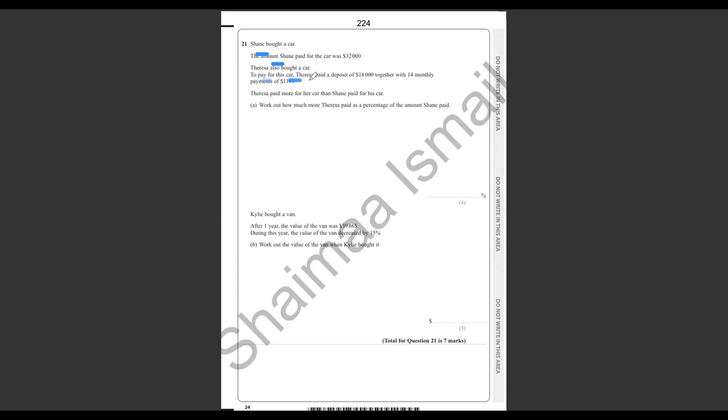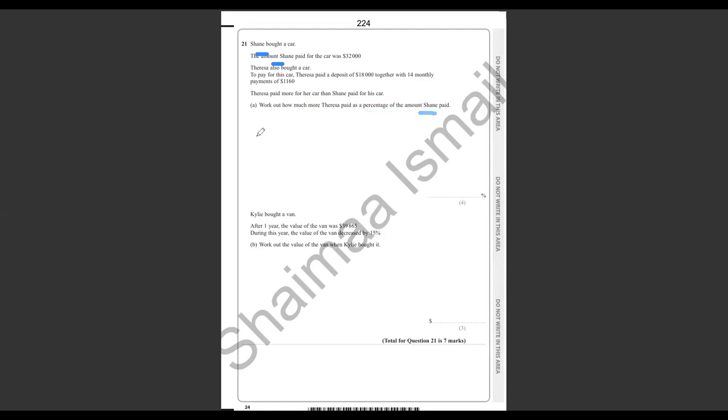To pay for this car, Teresa paid a deposit of 18,000 together with 14 monthly payments of 1,160. Work out how much more Teresa paid as a percent of the amount Shane paid.